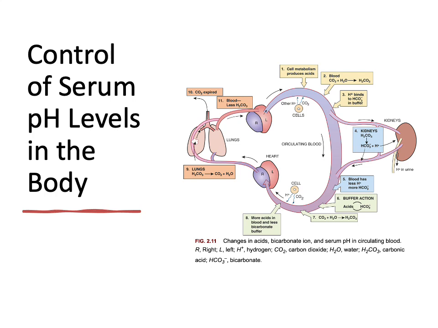Control of your serum levels in the body is very important. So let's talk about what our body does to help compensate or help control our pH levels. We do have a buffer system that responds to pH changes immediately. So there are times where our body does become slightly acidotic or slightly alkalotic. These buffer systems help to maintain it within a normal state.